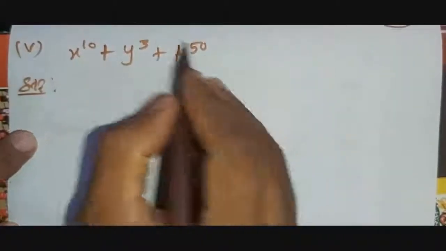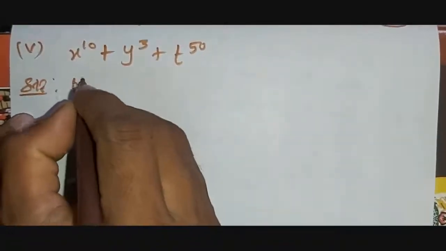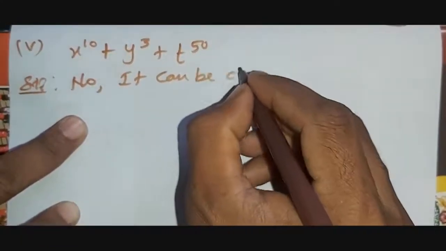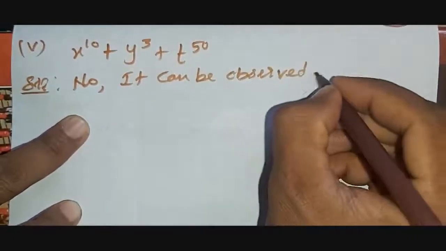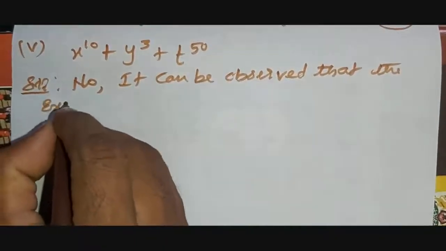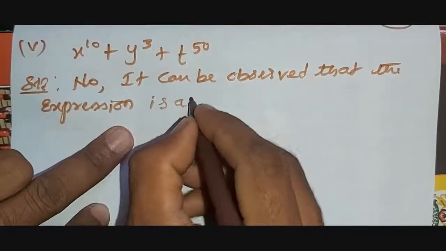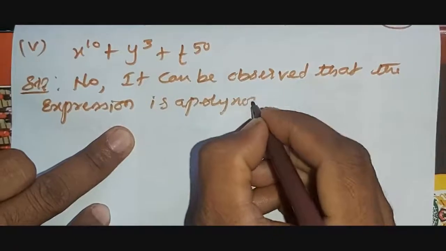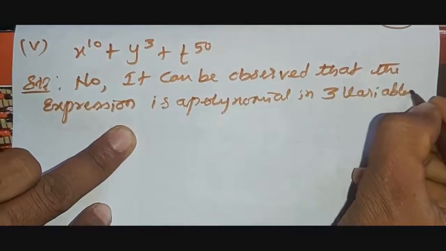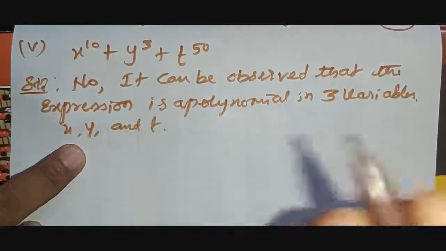Okay, fifth one, we have x to the power of 10, y to the power of 3 plus t to the power of 50. See here, how many terms? 3 terms, and the 3 terms have different variables. Solution: this answer is also no. It can be observed that the expression is a polynomial in 3 variables x, y and t.